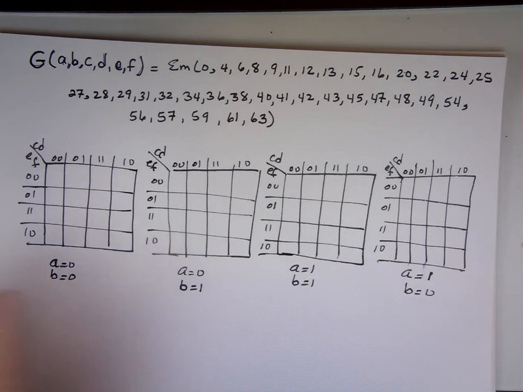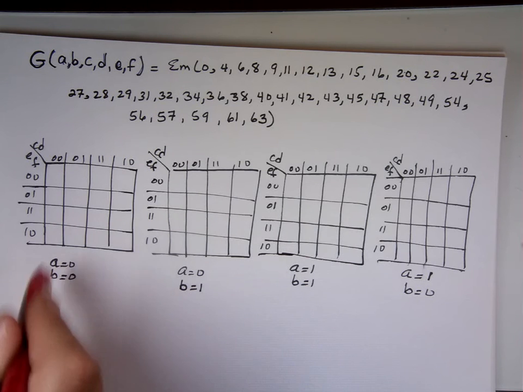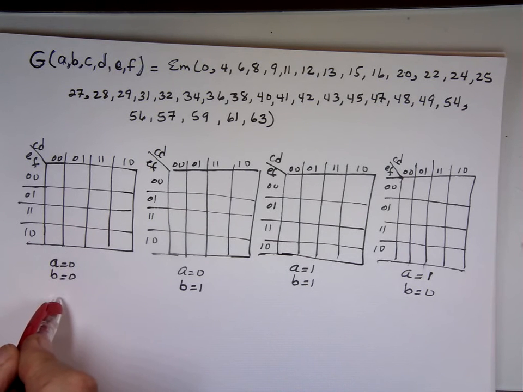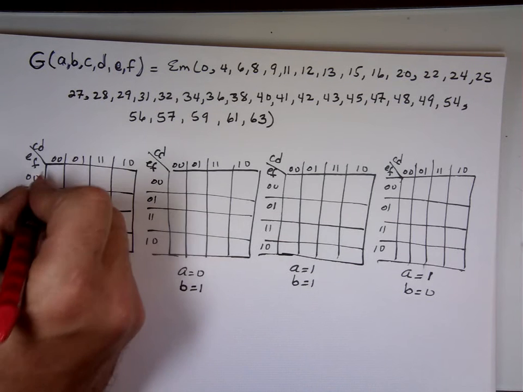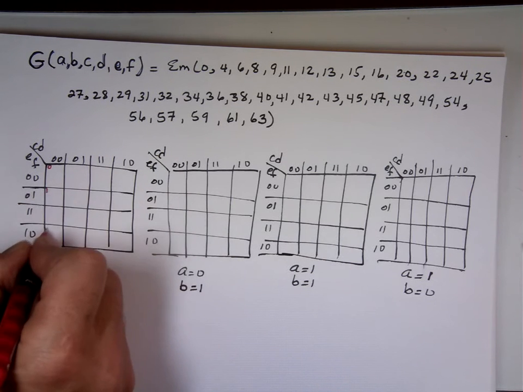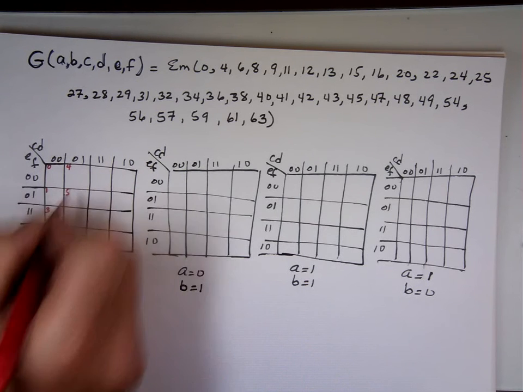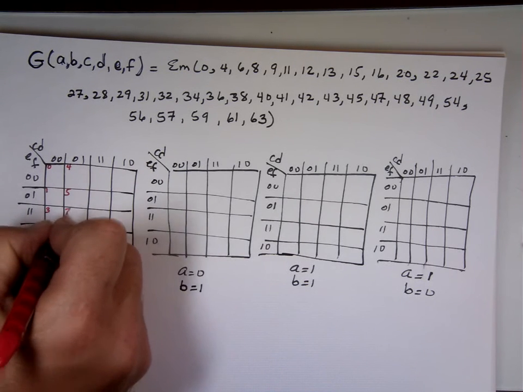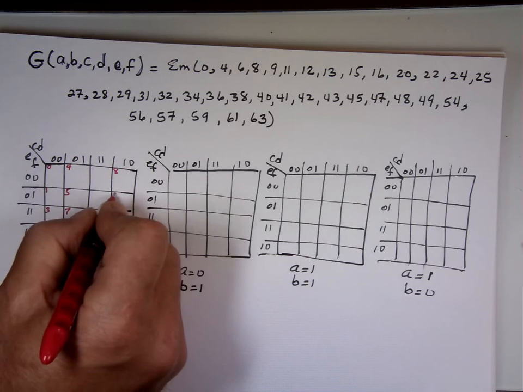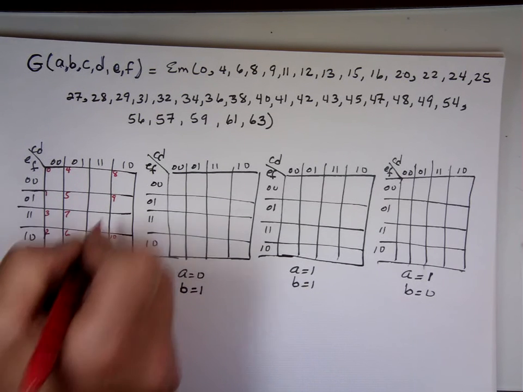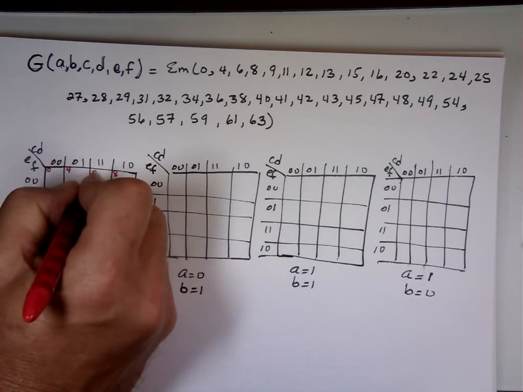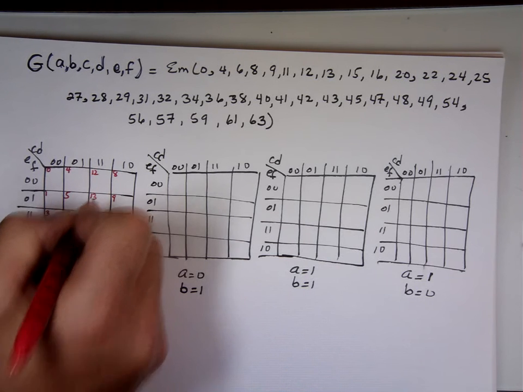When you begin with 0, 0, that's the first 16. So that's location 0, 1, 2, 3, 4, 5, 6, 7, 8, 9, 10, 11, 12, 13, 14, 15.